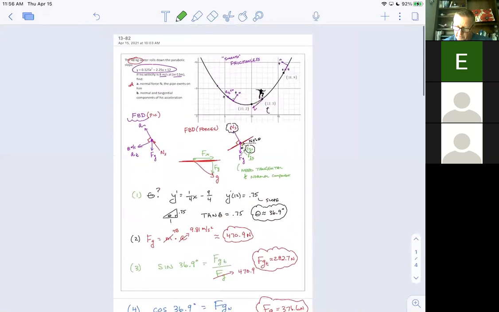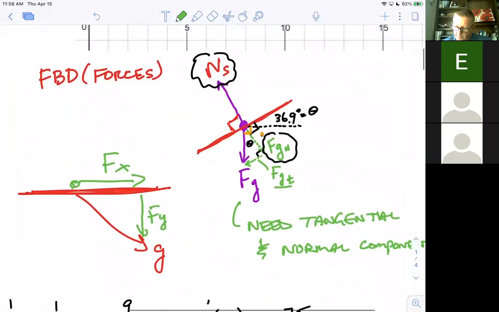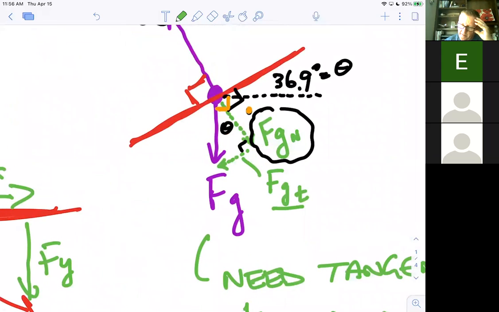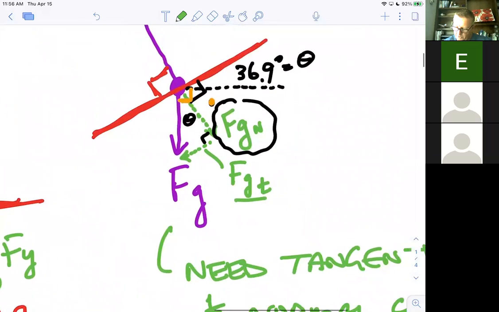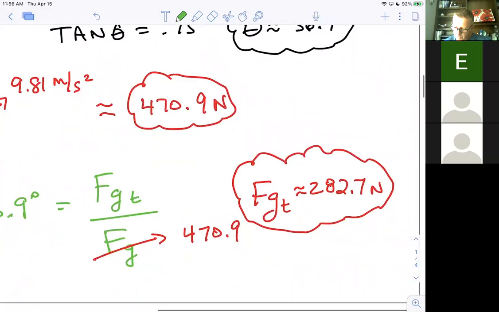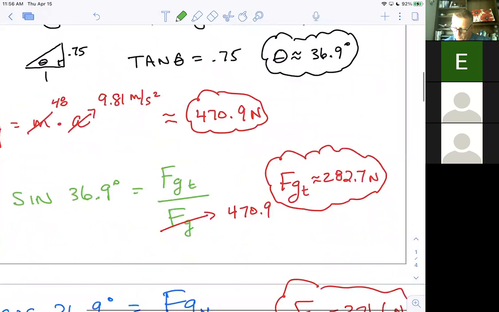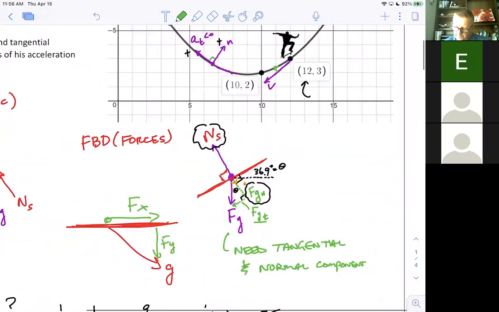Early on, for instance, I was tempted to say, hey, look, if this is pushing down at the force of gravity, which we said was 282, no, that was normal, 376. This was 376. I was very tempted to immediately say, oh, well, then this will also be 376, because wouldn't those be equal?